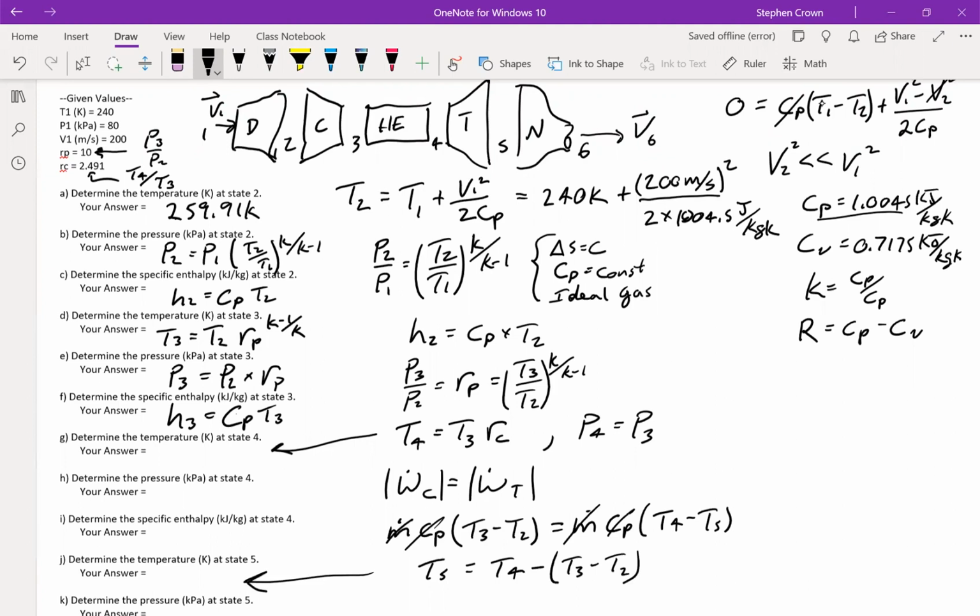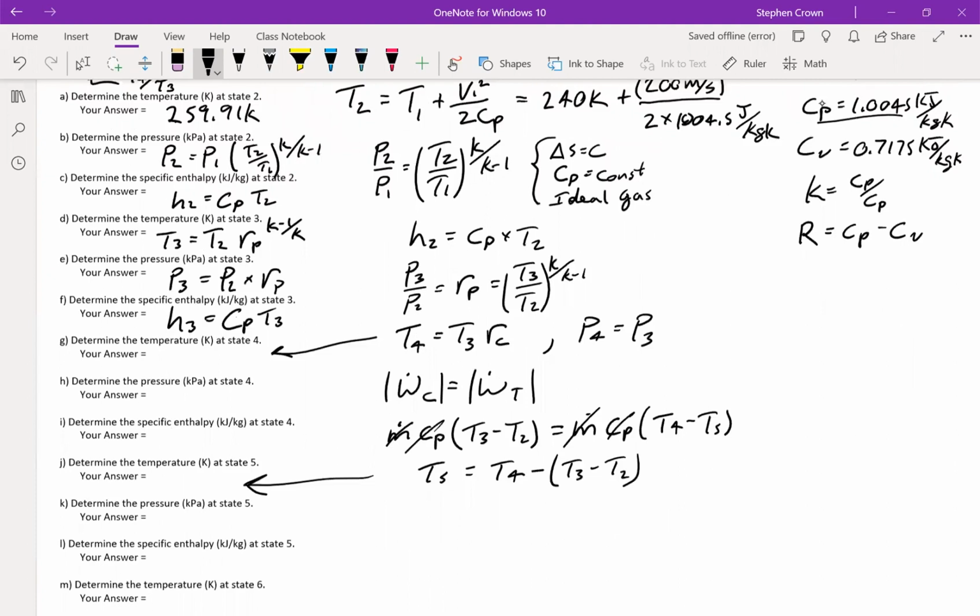Then same way as state 2 to 3, the turbine is an isentropic process, so P5 over P4 equals T5 over T4 to the K over K minus 1.